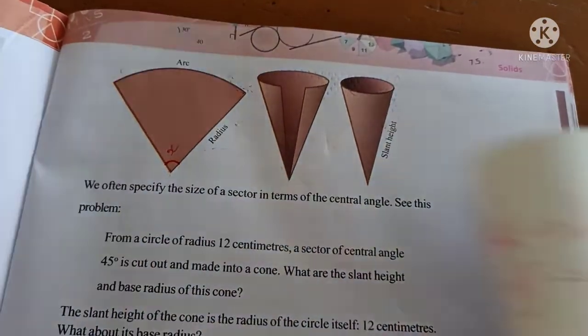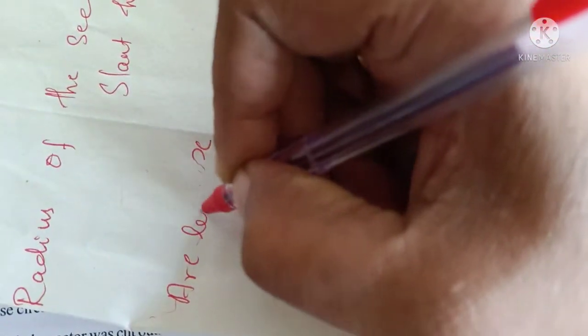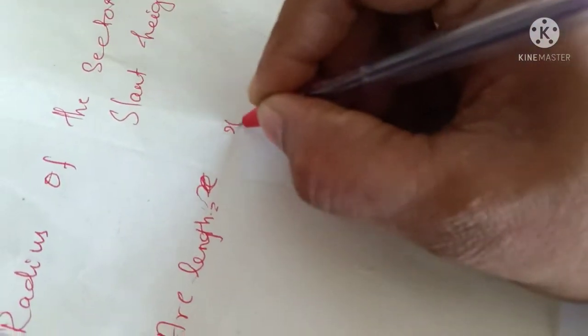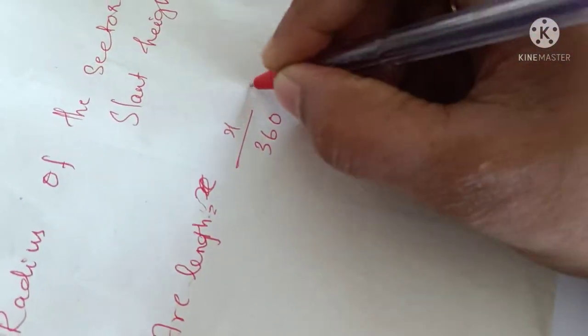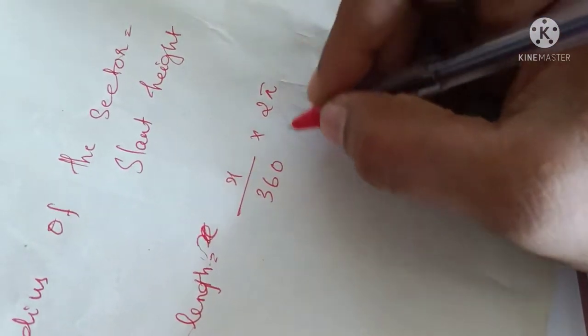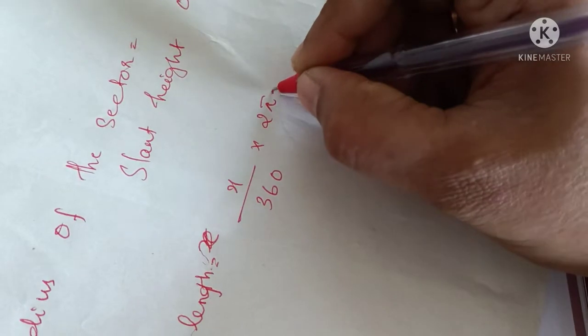If the central angle of a sector is x degree, then the arc length is equal to x by 360 into 2 pi r.